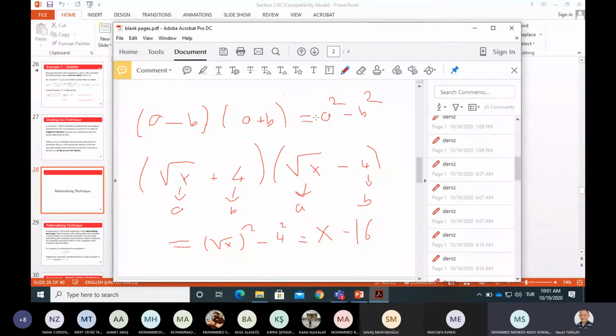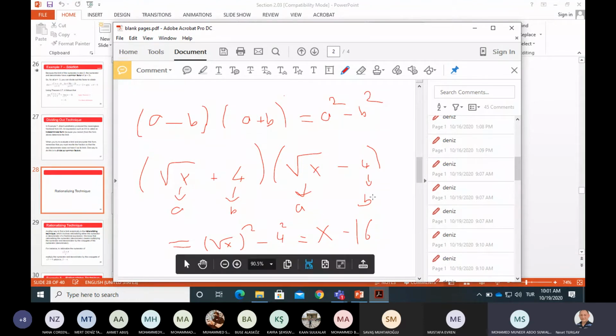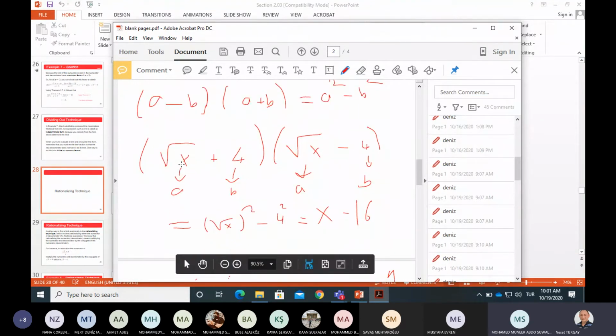Do you remember this? Yes. So when we are working with radicals, with square roots, this is very helpful. So the conjugate of this one, for example, is this one, and the conjugate of this one is the one on the left.